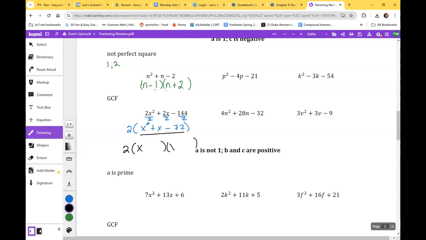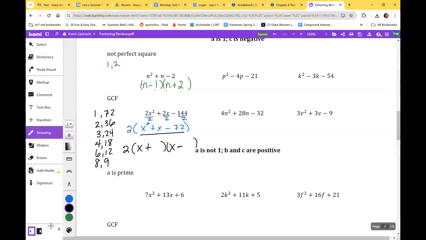I have x at the beginning, and I'm multiplying to -72, so I know that one's plus and one's minus. So I'm going to list my factors of 72. I've got 1 and 72, 2 and 36, 3 and 24, 4 and 18, 6 and 12, and 8 and 9.